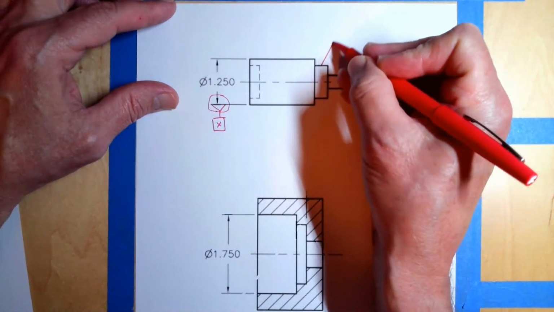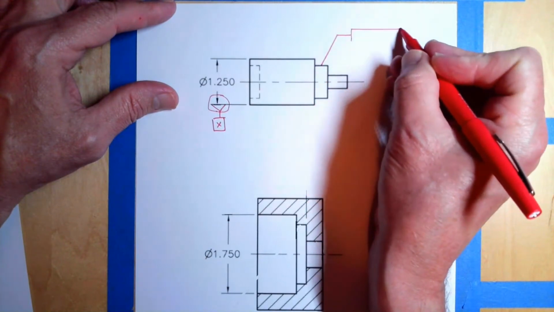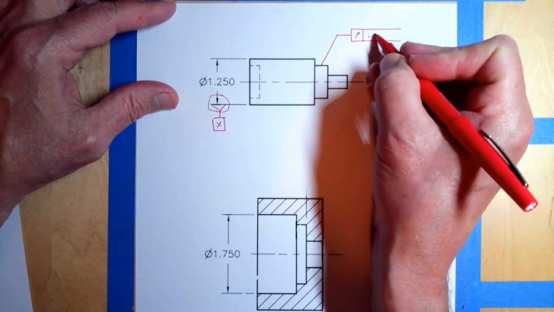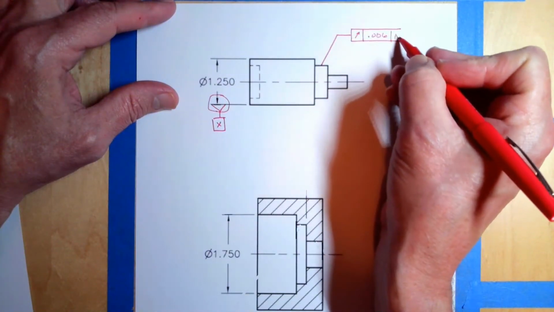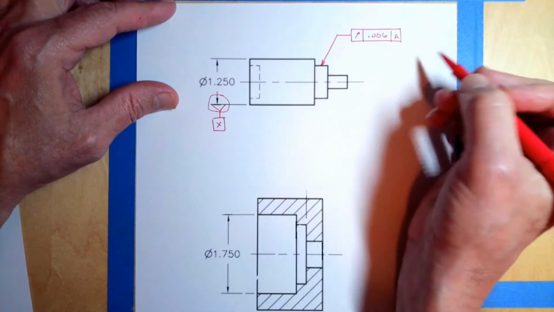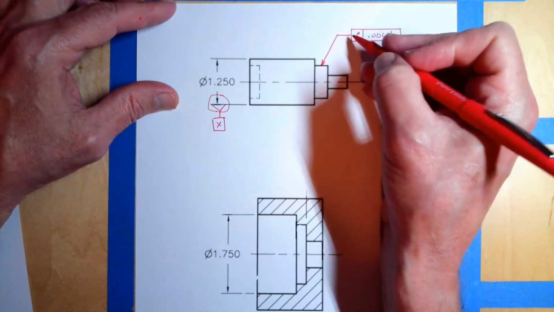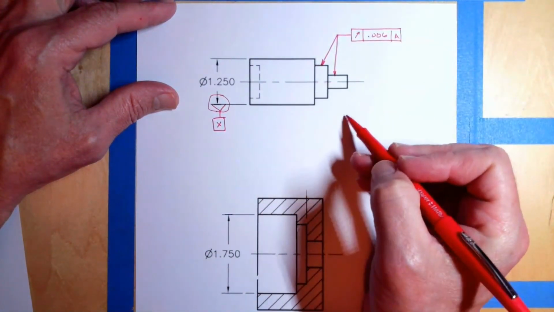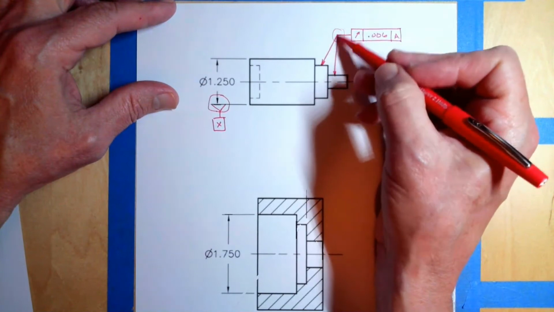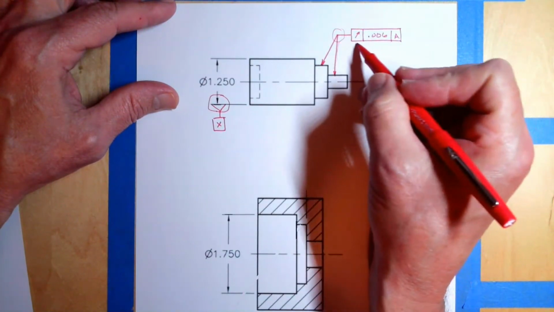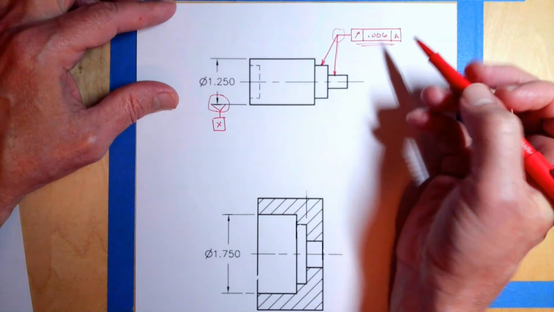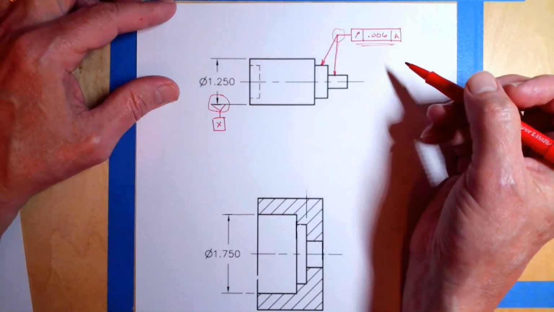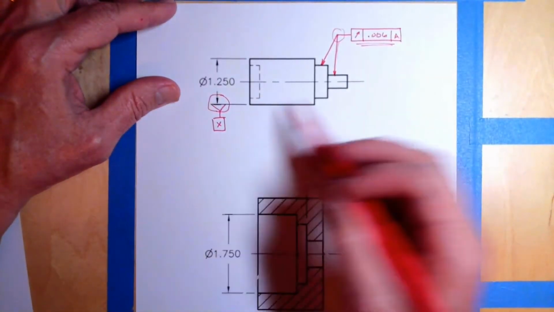And then I can just point to that surface, and I'll call this out with a circular runout of 6 thou relative to datum A. And then I could also come down here and go like that. So I can use this to have two arrows come off, provided, of course, that it has the same tolerance specifications in the feature control frame. All right, so that's an easy one.